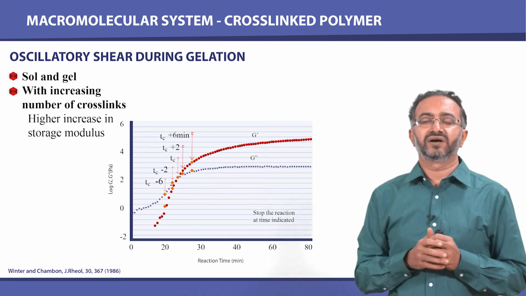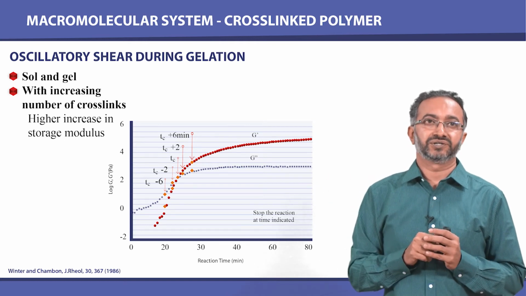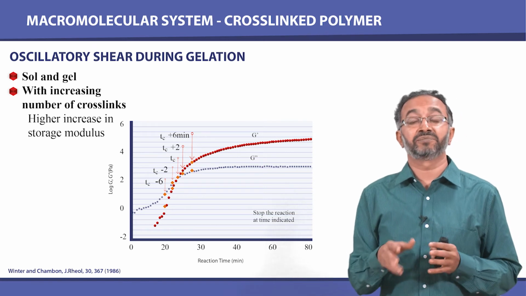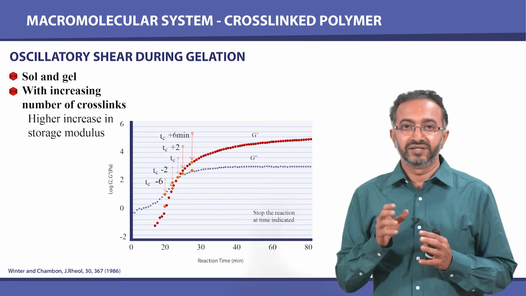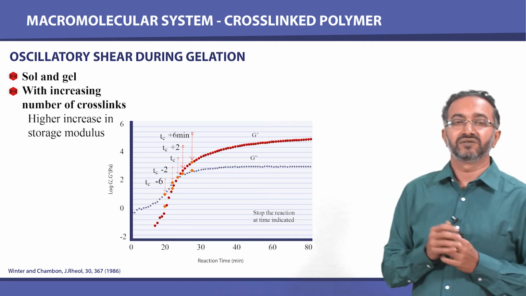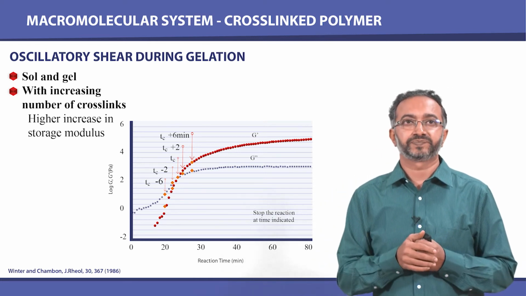So, we can monitor the overall gelation process, or the overall cross linking process, in the material by examining the oscillatory shear response of the material. The one issue with such measurements is that both G prime and G double prime are functions of frequency.